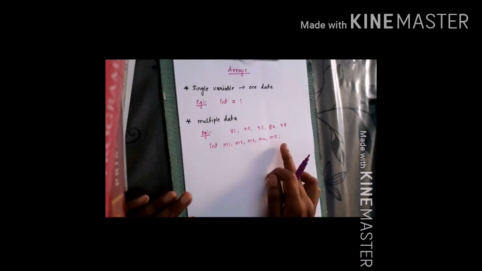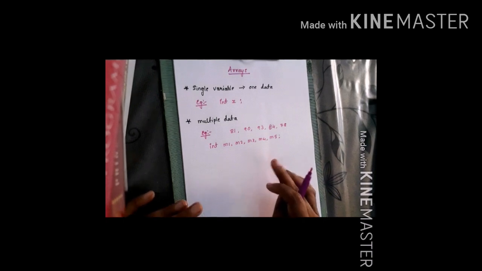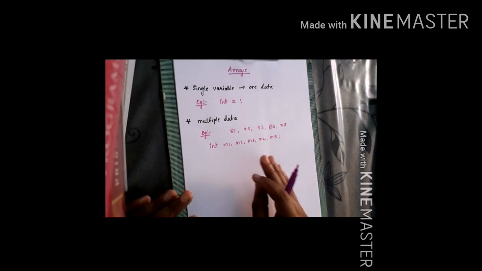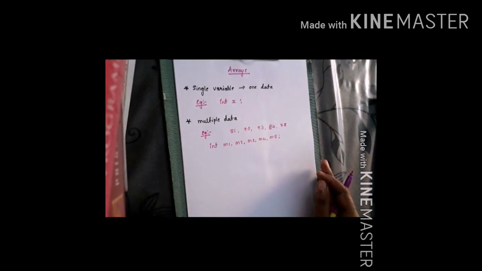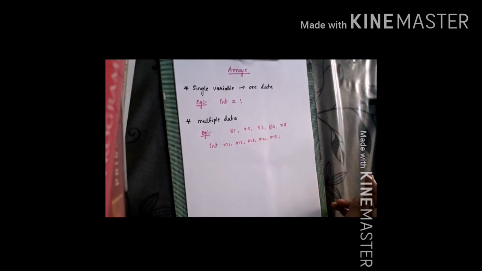These are the marks of one student. For example, if I want to store 5 test marks of 10 students, I need to declare 10 into 5, 50 variables. Right?